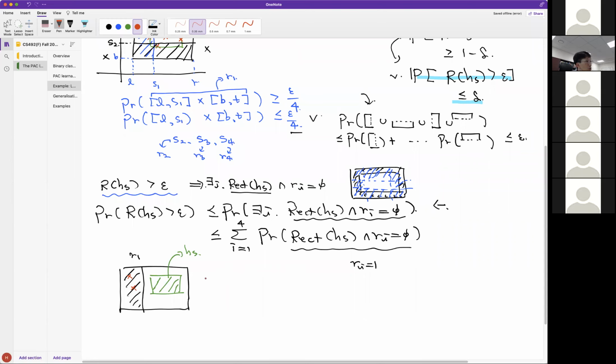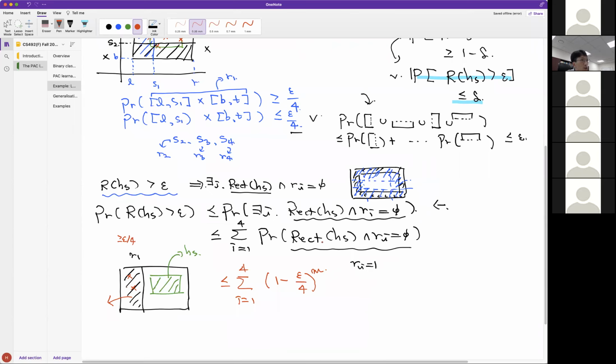Okay. And the probability of having some example in the region R1 is at least epsilon over 4. So when we generate m samples, the probability that none of the samples fall into this region, which has probability at least epsilon over 4, is bounded by 1 minus epsilon over 4, to the power m.